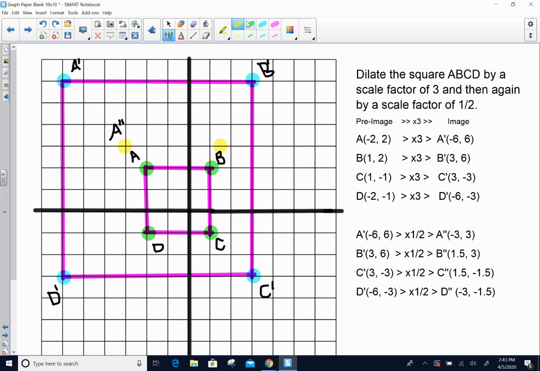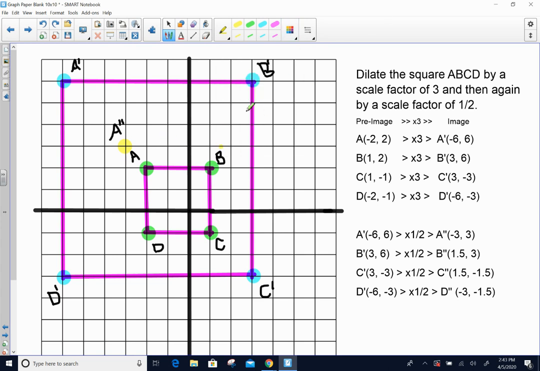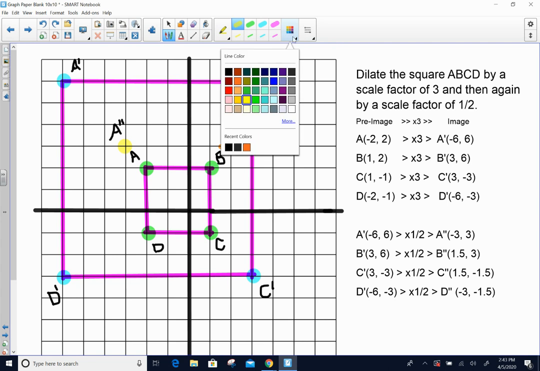That is my point for, I'm going to do a smaller thing here. There we go. I don't like that color. Let's do a different color. Let's do like orange. I like that. That's going to be your B prime, okay?